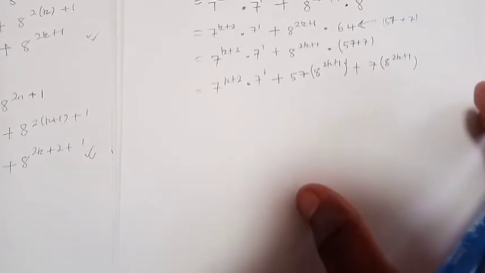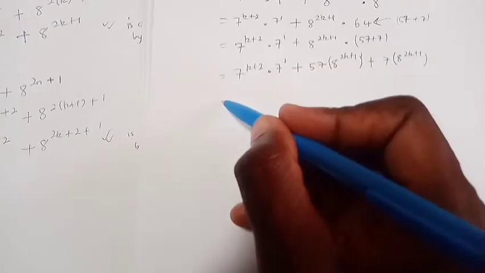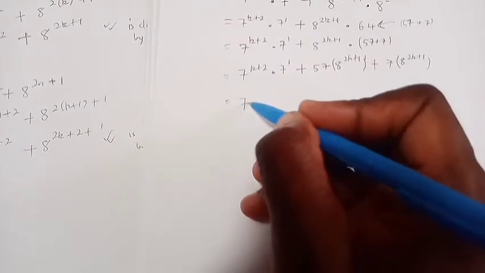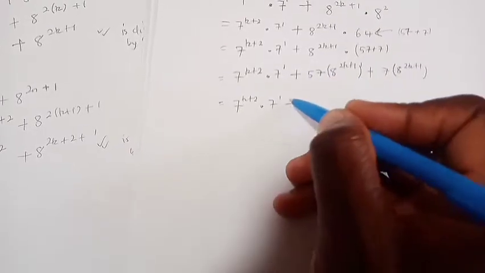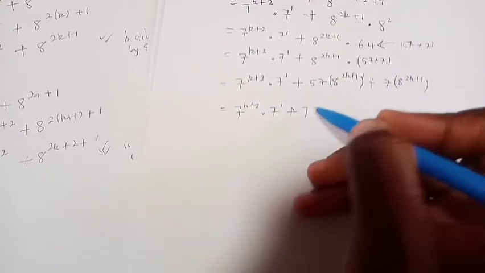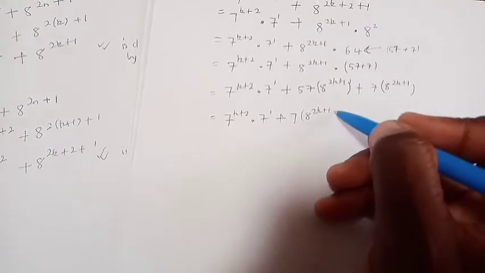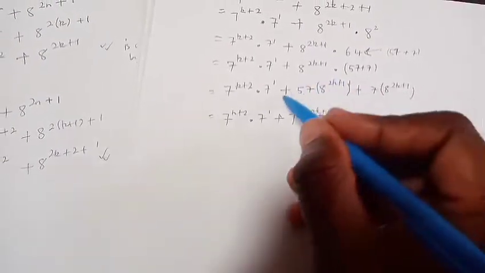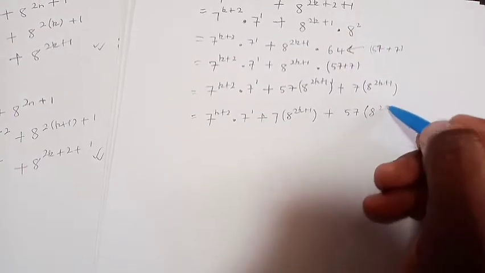And then what do we do next? We move this 7 over here, so we have 7 to the power of k plus 2 multiplied by 7 to the power of 1, plus this 7 over here, 7 multiplied by 8 to the power of 2k plus 1, plus 57 multiplied by 8 to the power of 2k plus 1.